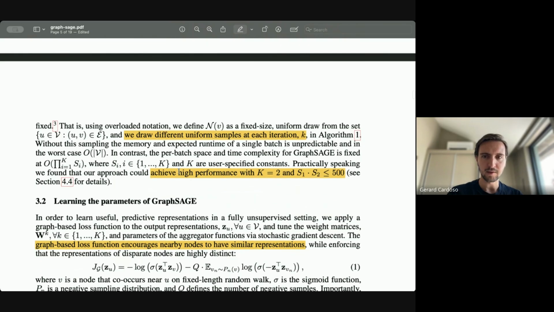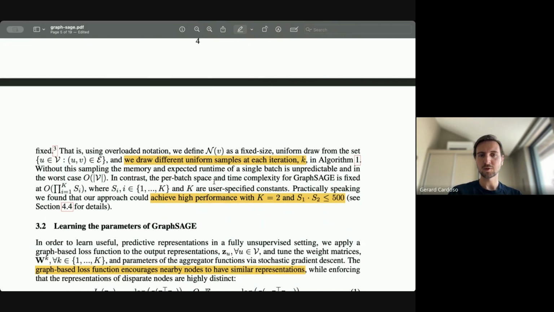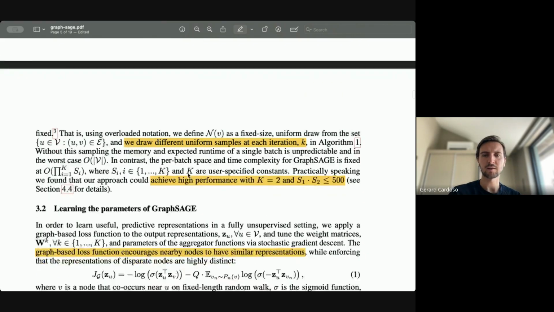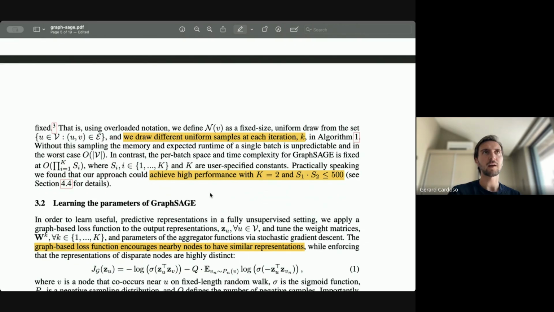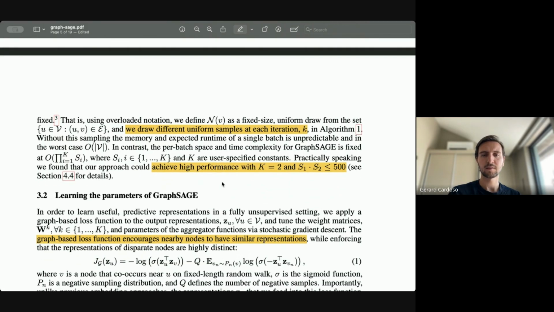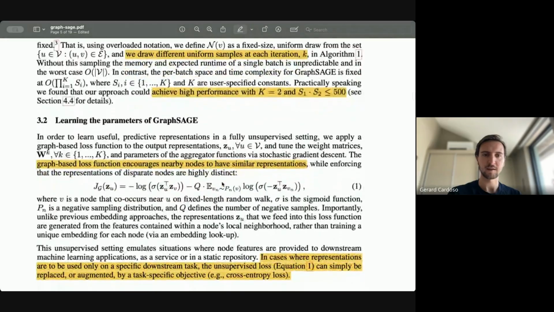They mention here that their approach works well with k equals 2, so you only go 2 hops, and also S is the number of samples at each stage, so the product of the first and second samples will be less than 500. I think they use something like 25 and 10. Yeah, I think something like that. But we'll look at the parameters that they investigate later.